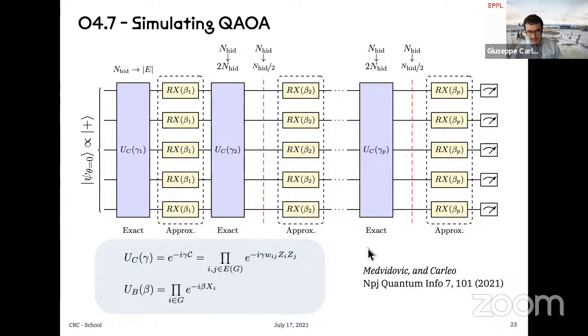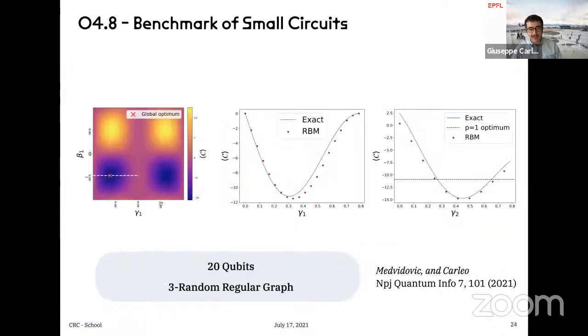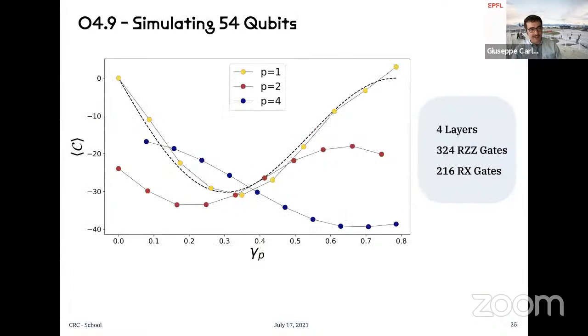Using this approach, you can see all the details in this paper, but just to show you the final results. This is, for example, a 54 qubits simulation that we can do without absolutely any knowledge of the exact result. This belongs to the category of no data, just give me the output.